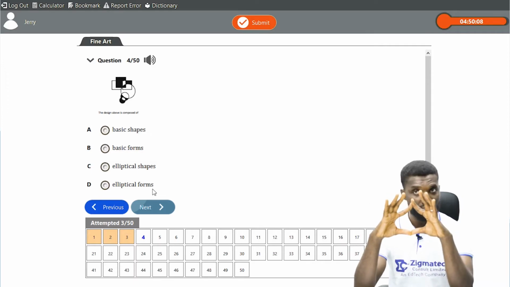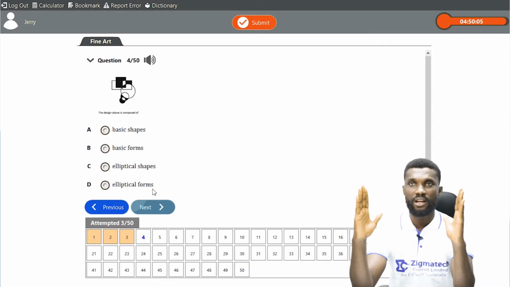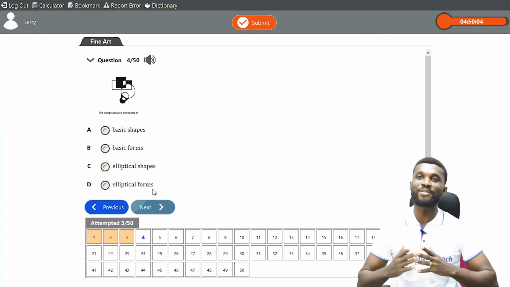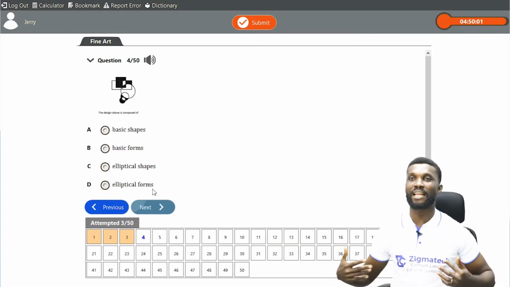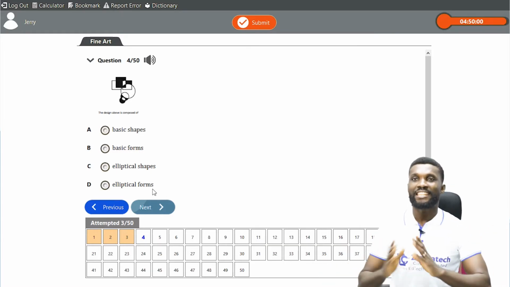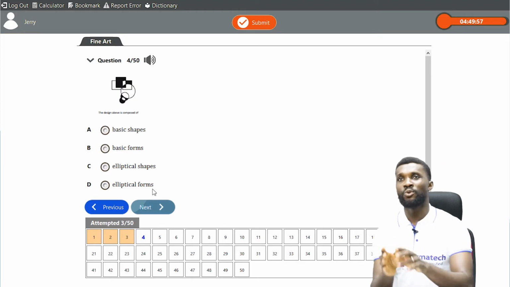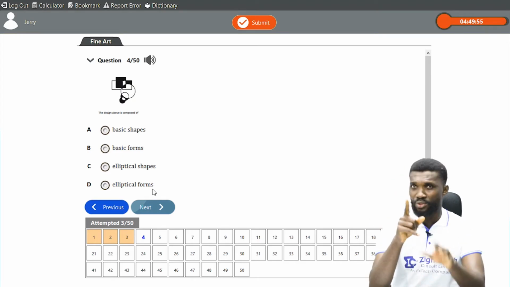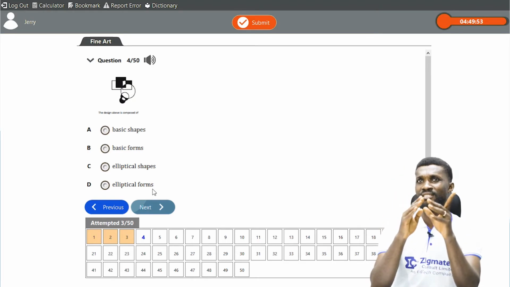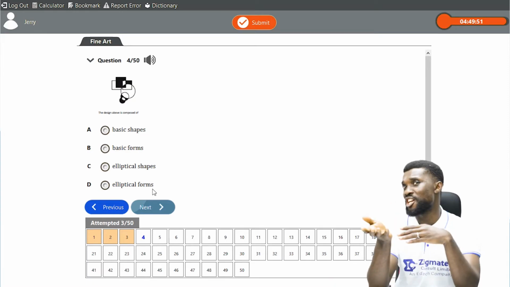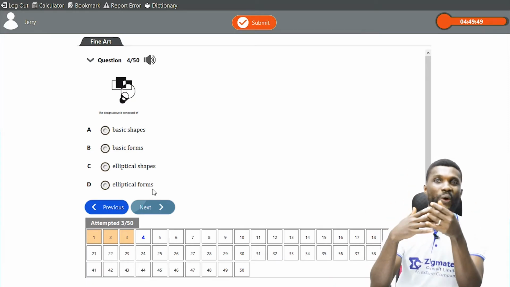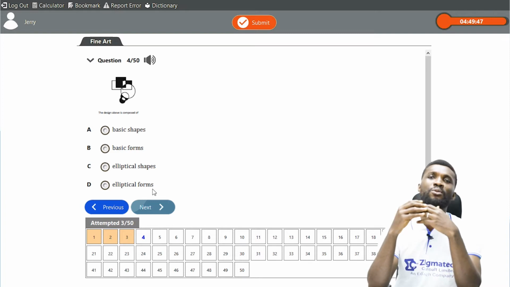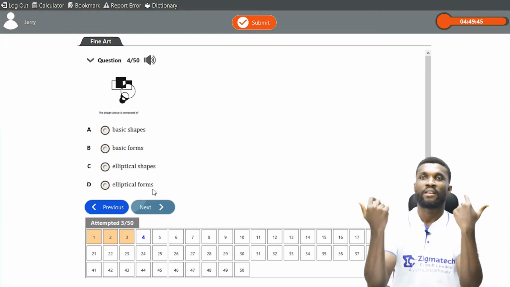They're just 2-dimensional shapes. While forms are what? 3-dimensional. You can appreciate them in 3D. Now, they're asking you, does the diagram above explain basic shapes or basic forms or elliptical shapes or elliptical forms?